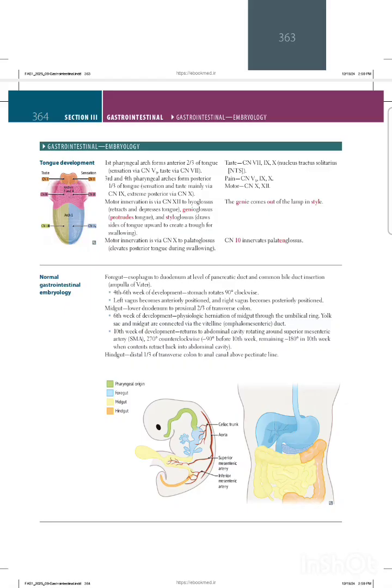At the 10th week of development, it will return back to the abdominal cavity, and then it will rotate around the SMA, superior mesenteric artery, 270 degrees counterclockwise. Next we have hindgut, which is distal one-third of the transverse colon to the anal canal above the pectinate line.